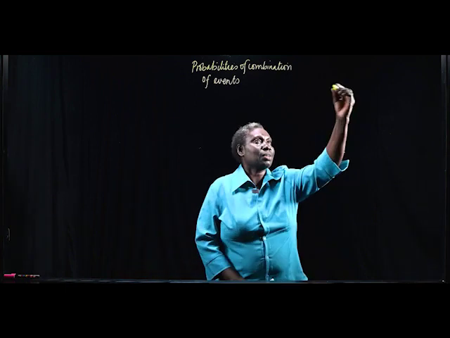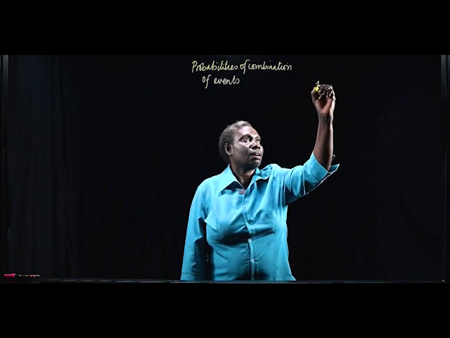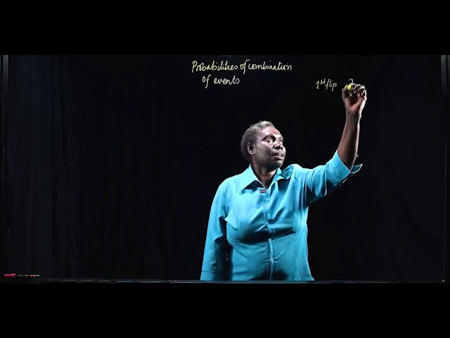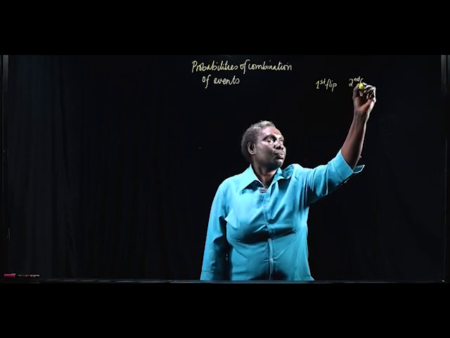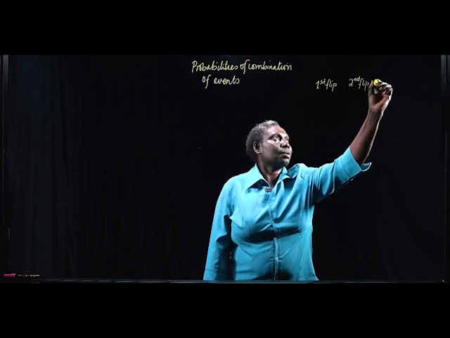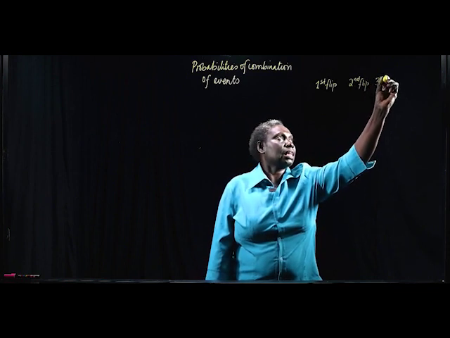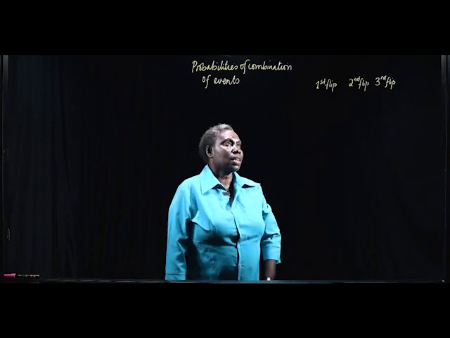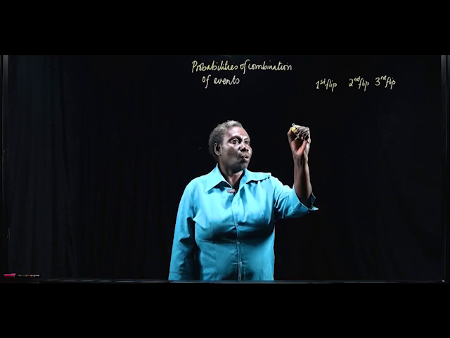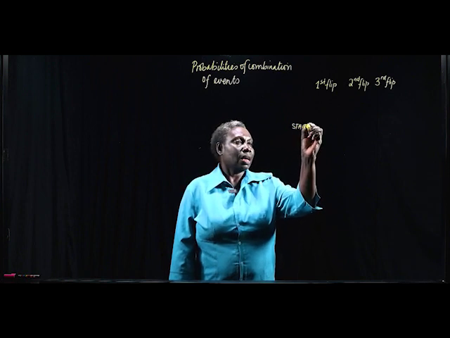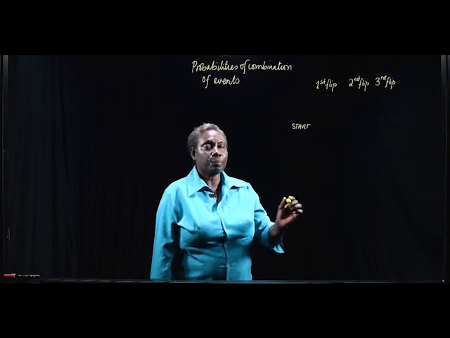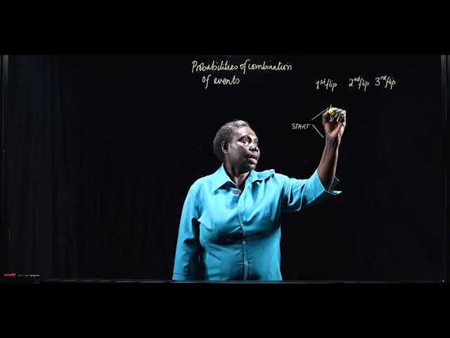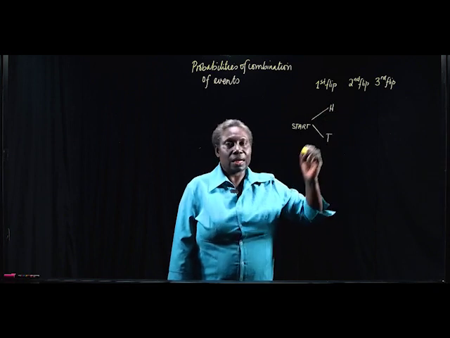Okay, let's say we start with the flips. We have the first flip, the second flip, because we are going to flip the coin 3 times, and then we have the third flip. Now, we start with the coin, and when we flip it for the first time, we have a head and a tail.